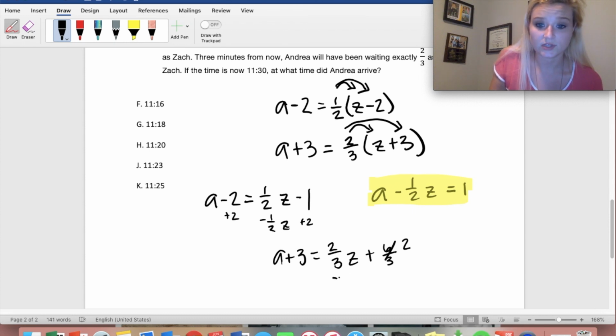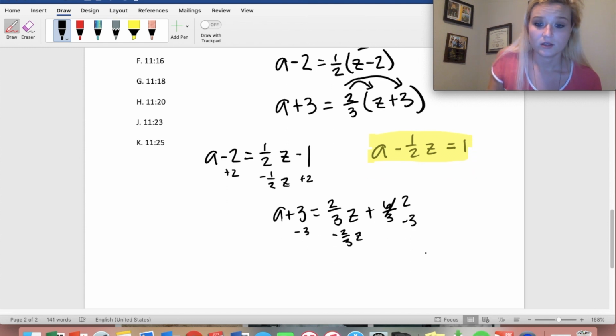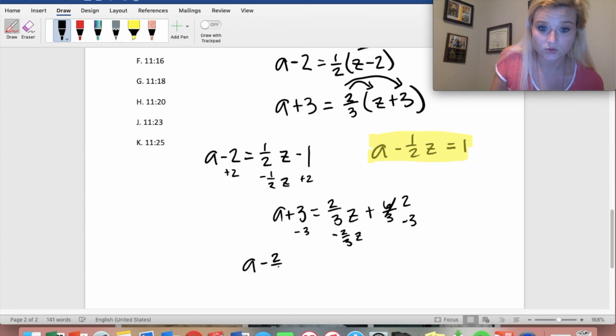Then we want to bring the z over, so subtract that, and we want to also bring this positive 3 over by subtracting it. So that will give us a minus 2/3 z equals 2 minus 3 is -1. So that is the second equation that we want to work with.